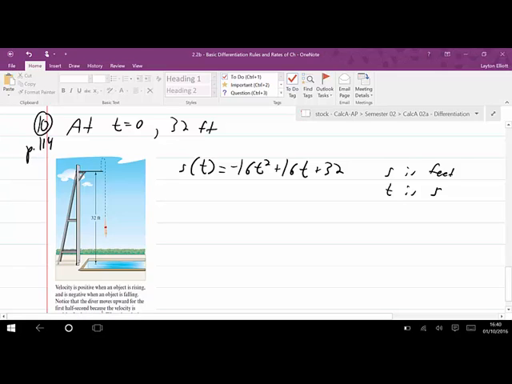The question wants to know: 1, when does the diver hit the water? And 2, what is the diver's velocity at impact?